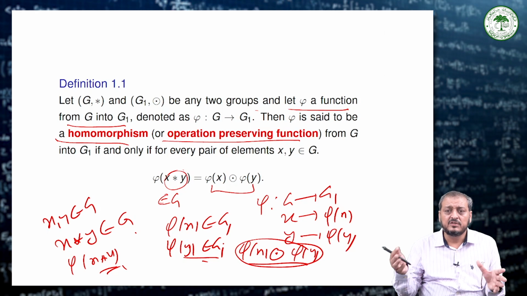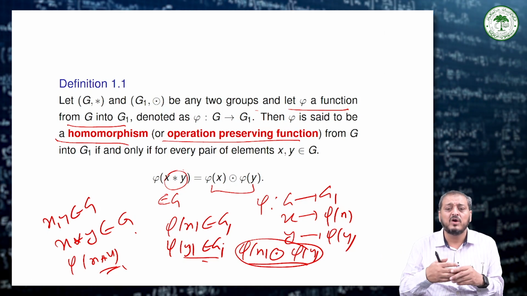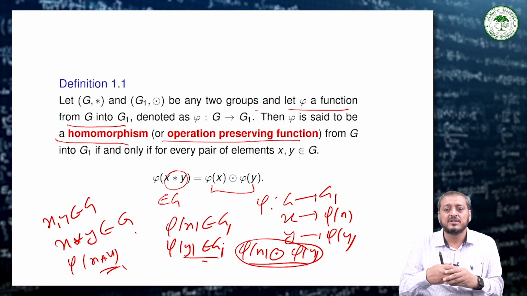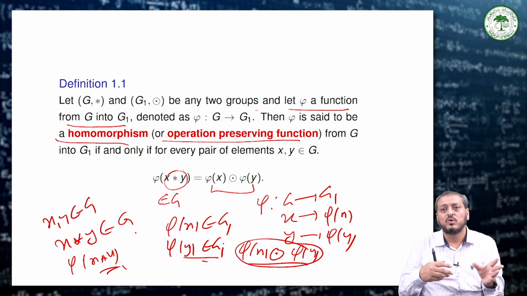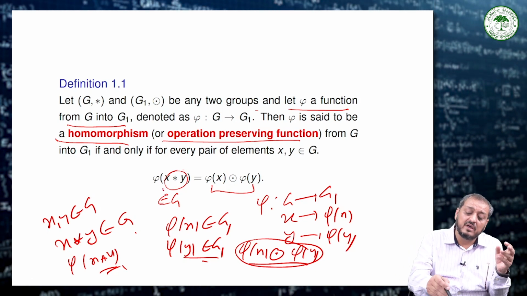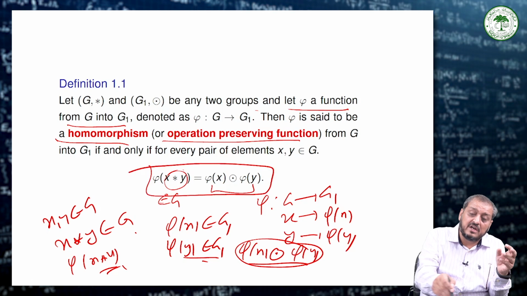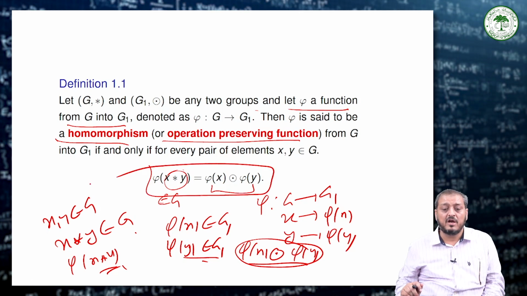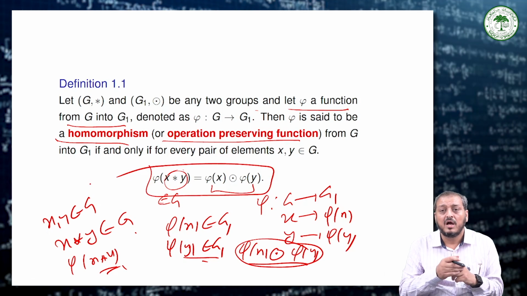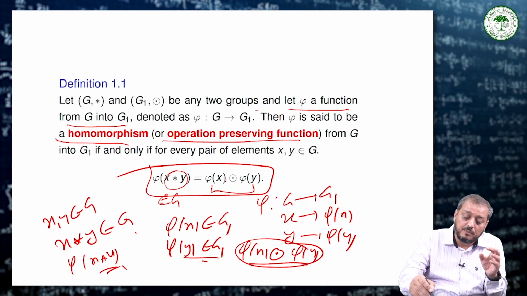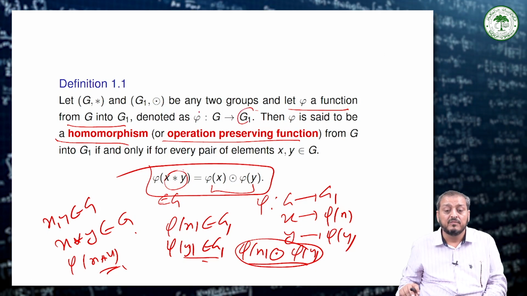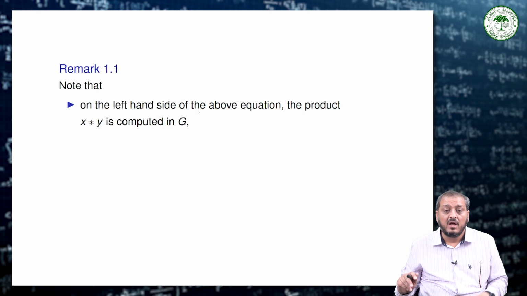This function is said to be a homomorphism, or an operation preserving function from G into G1, if and only if every pair x, y satisfies this condition: phi of x composition y is equal to phi of x into phi of y. The left operation is that of G, and the right operation is that of G1.